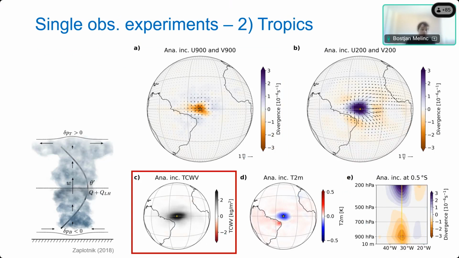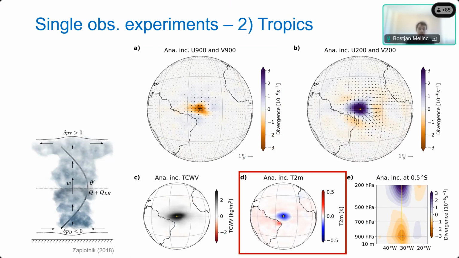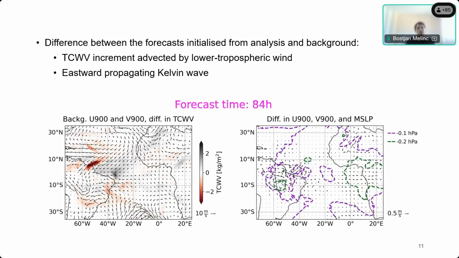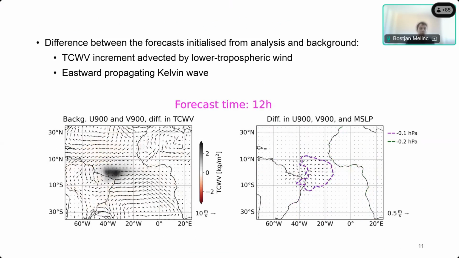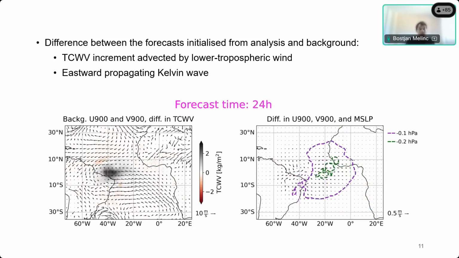The total column water vapor increment is elongated in zonal direction due to the typical lower tropospheric zonal winds in this region. And we even have a negative 2-meter temperature increment, which we believe corresponds to precipitation. And once again, we can try to initiate the forecast by both the analysis and the background and have a look at their differences.